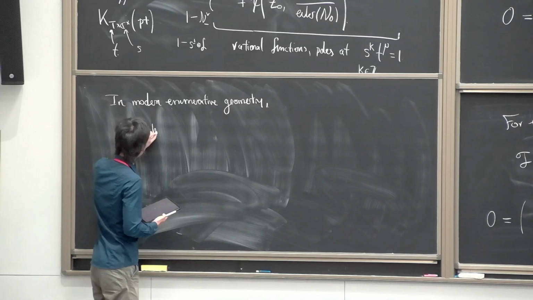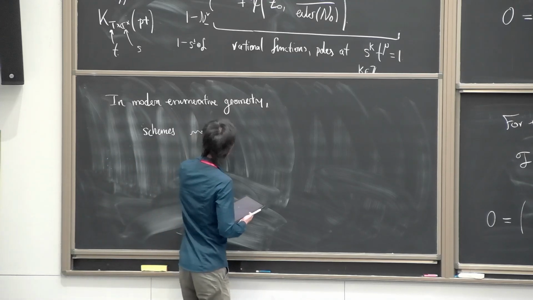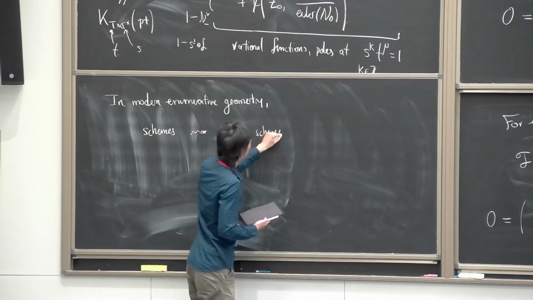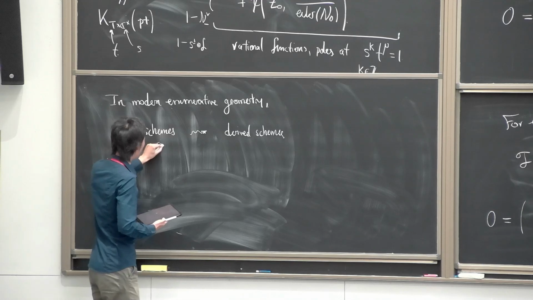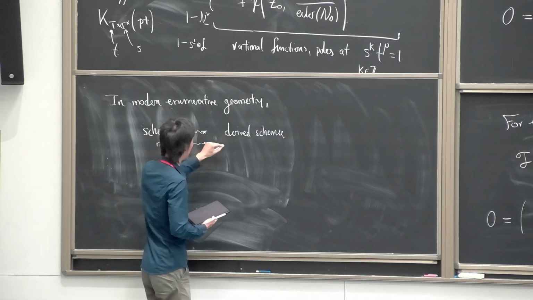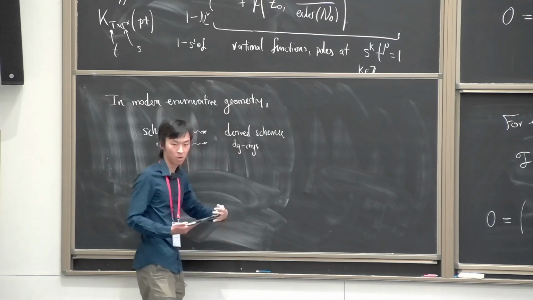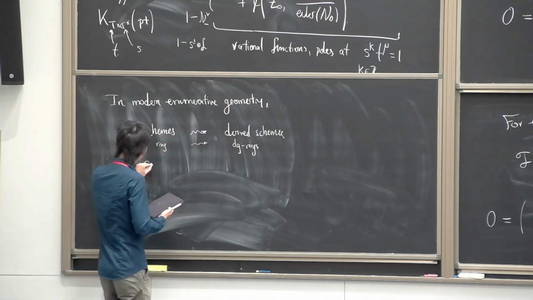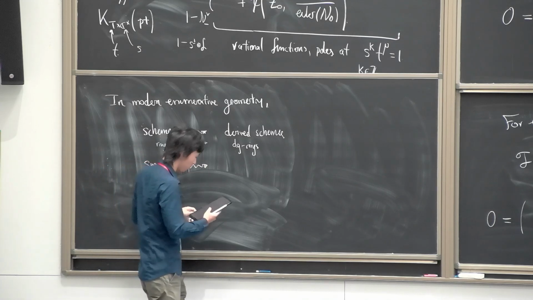Instead of thinking about schemes, we think about so-called derived schemes. And I think locally this just means that you replace all the rings that you used to think of by some kind of DG rings, and you replace all the modules you used to think of with some kind of DG modules. And the smoothness condition we replace with the so-called quasi-smoothness condition.